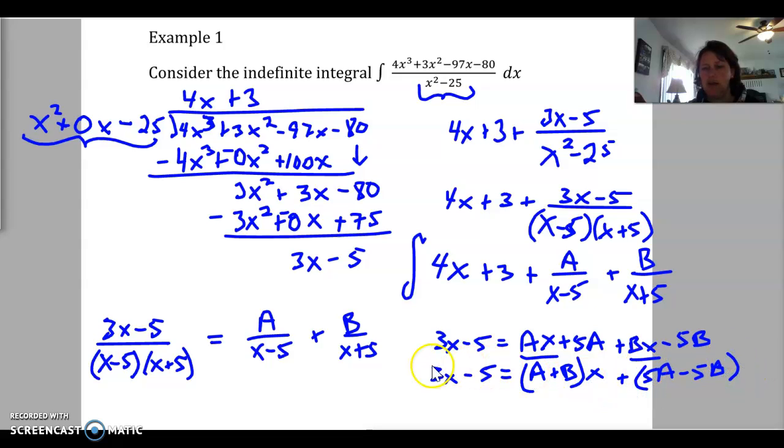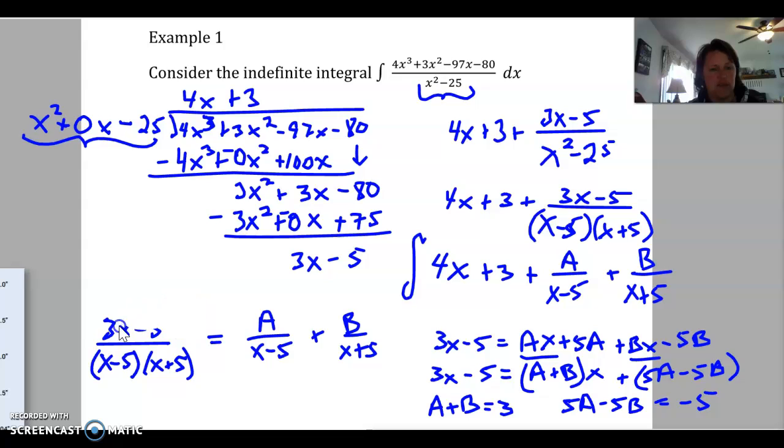Now, comparing coefficients on the left-hand side and the right-hand side, the x coefficient is 3 on the left-hand side, A plus B on the right-hand side, so we know those have to equal each other. So we have A plus B equals 3, and 5A minus 5B equals negative 5. So we need to use those two equations together.